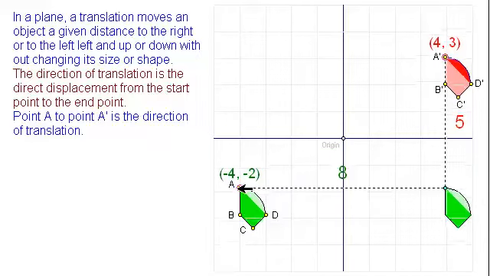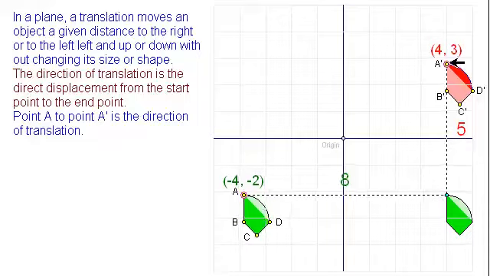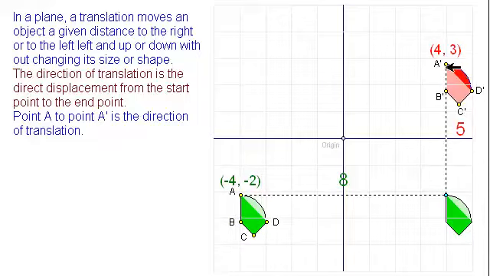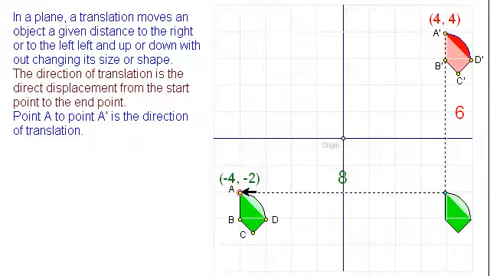And if I move this down, let me make this one 6 units. So the horizontal displacement is 8 units, and the vertical displacement is 6 units. Now I also have to find out the direction of the translation.